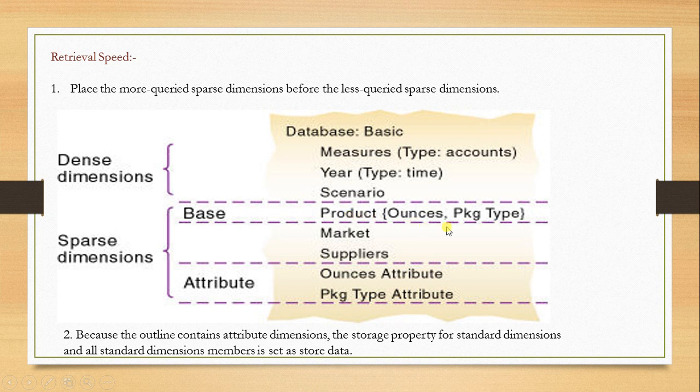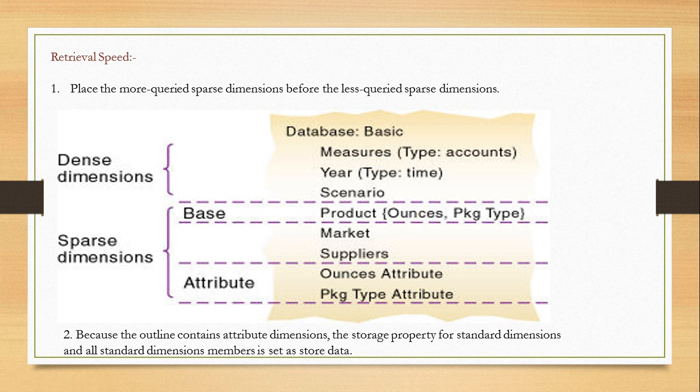As we can see here, the ounces and package type attributes are assigned to this product dimension. So let's take an example. As far as this design is concerned, we can expect that the user is much more interested in analysis based on the package type and ounces.